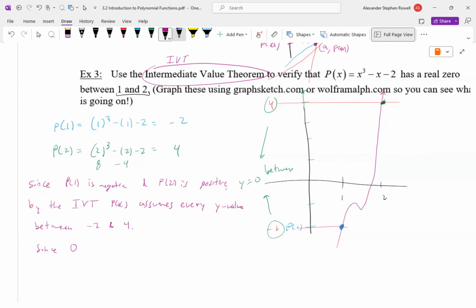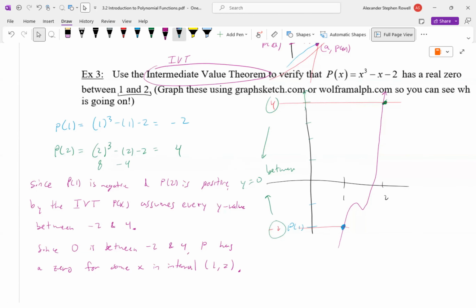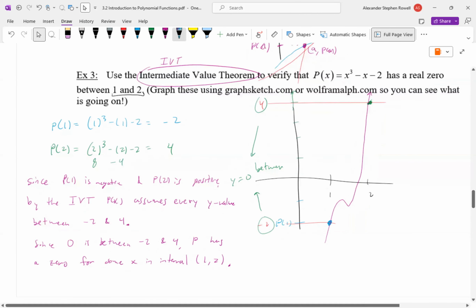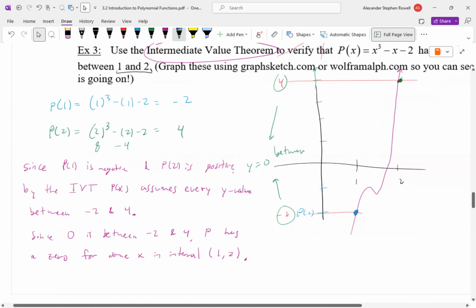Since 0 is between -2 and 4, P has a 0 for some x in the interval 1 to 2. So you'll want to answer this question in a similar manner. You do not have to draw the graph, but you want to quote the intermediate value theorem and explain why it's going to hit 0.